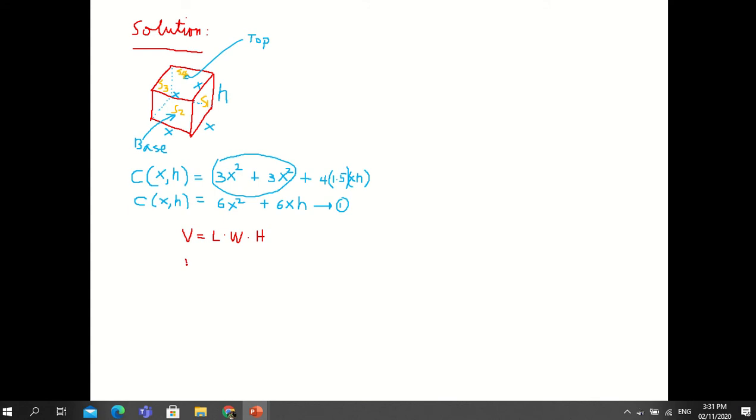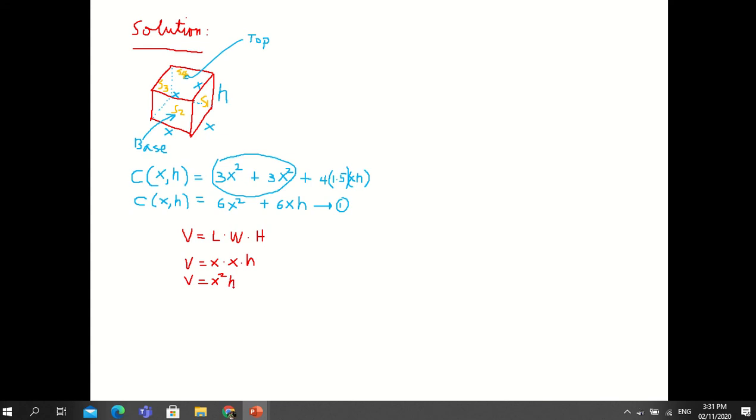From our illustration, the length is x, and the width is also x, so x times x. Then our height is small h. So volume is equal to x squared times h.